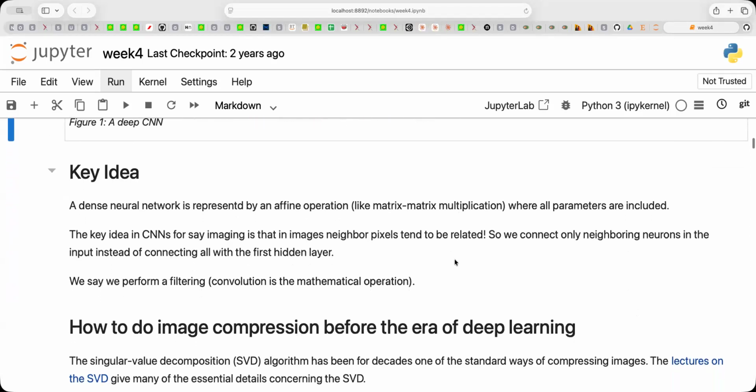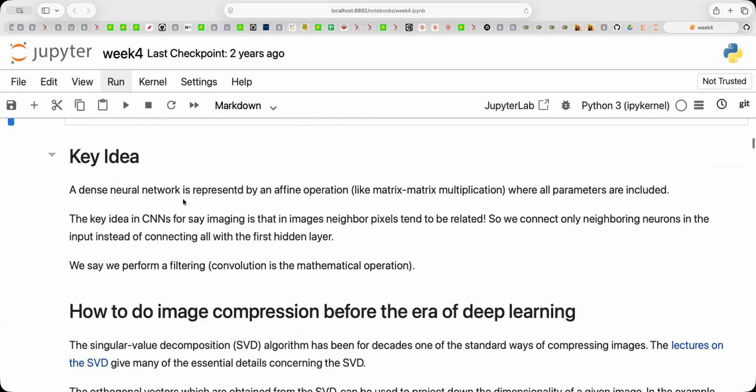So the key idea, if you compare with a standard neural network, which is defined by affine operations with dense matrices and dense vectors, is, say for imaging, that in images, neighbor pixels tend to be related. So you connect only neighboring neurons in the input instead of connecting all with the first hidden layer.